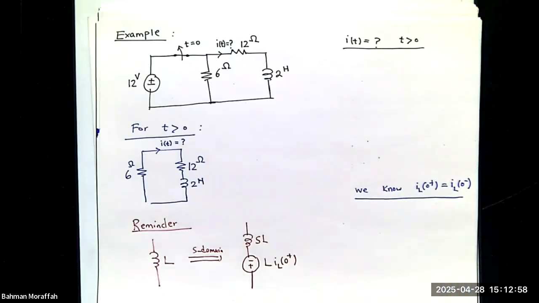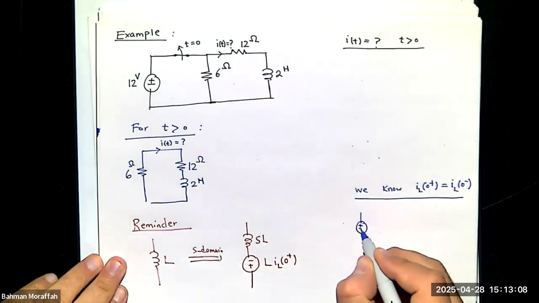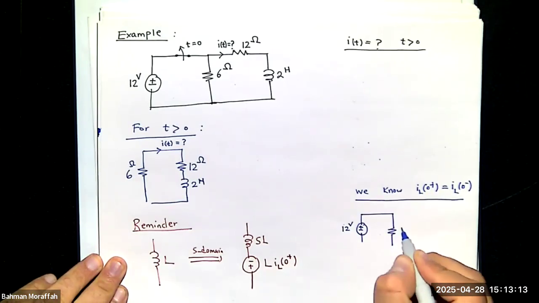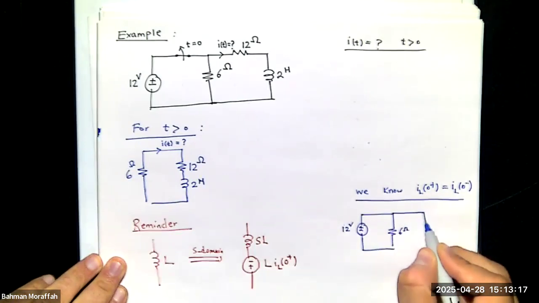But what does my circuit look like at time 0 negative? I've got the whole thing. The switch is closed. So I have this 12 volts, this 6, and this 12.